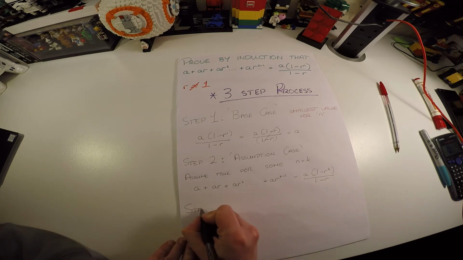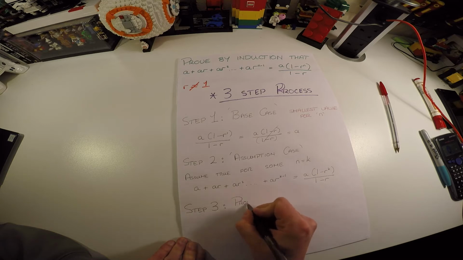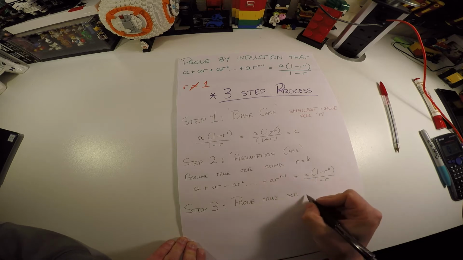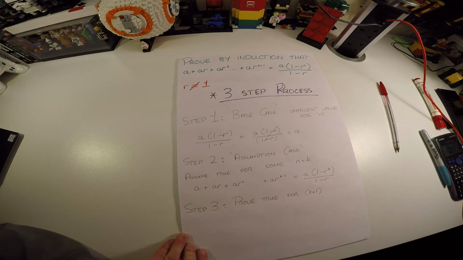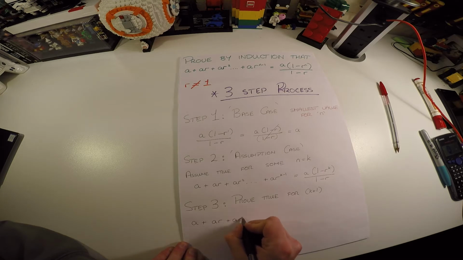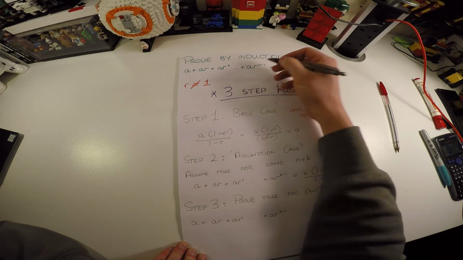Step 3. This is your proof essentially here. We're going to prove it true for the term just above that. Well, what's the term above k? It's the term k plus another one up. So we're going to have to prove it true for this k plus 1 term. So that says that a plus a times r plus a times r squared up as far as a times r to the kth term, which is k minus 1, because remember we're just replacing the n by k.